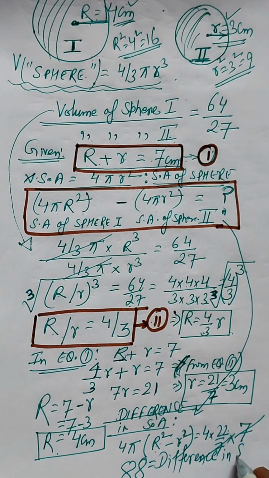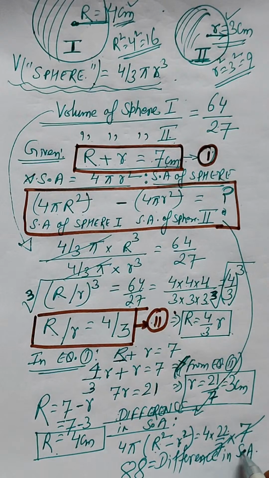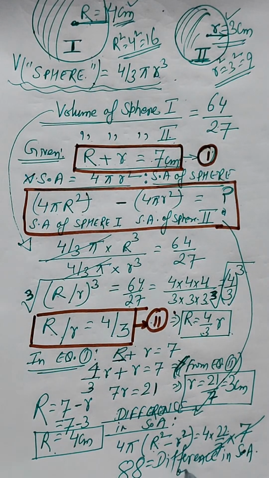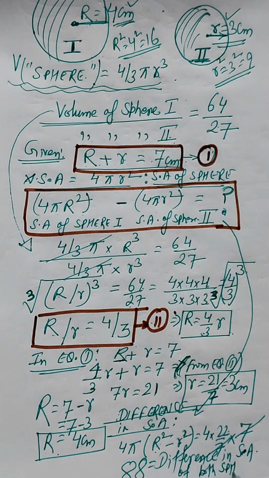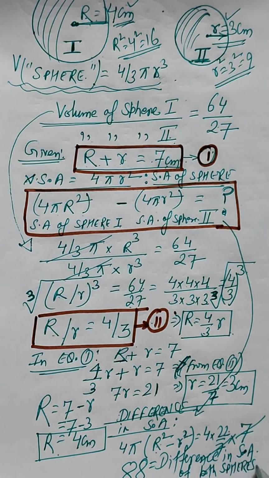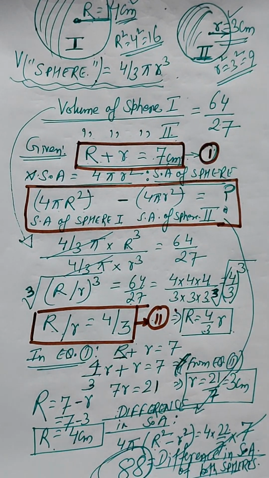I am writing SA, the difference in surface area of both given spheres, right? So in this way our answer is calculated, that is 88.